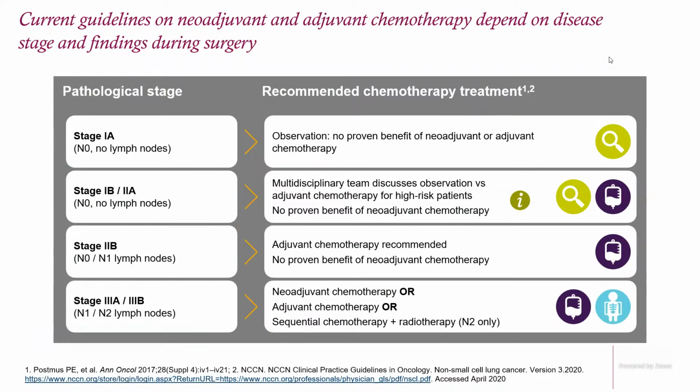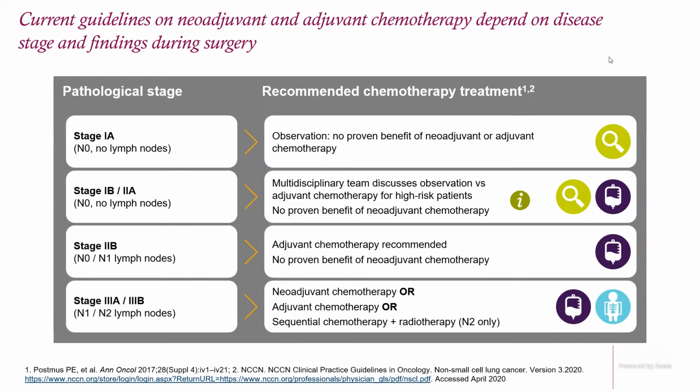These are the current guidelines, the basic structure of how we should treat non-small cell lung cancer based on the stage. Stage 1A, we need to do surgery, followed by no further adjuvant or neoadjuvant treatment. Simple observation is okay for 1B to 2A. Adjuvant chemotherapy is considered in high-risk patients.